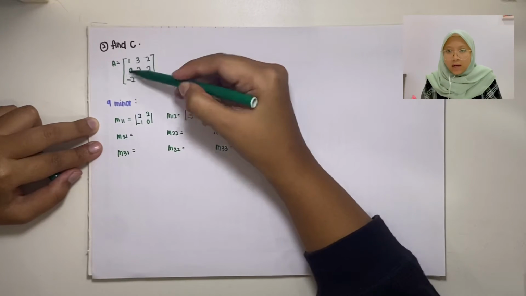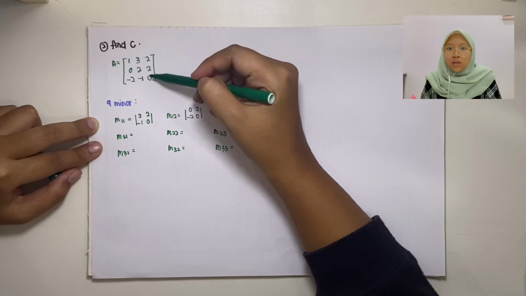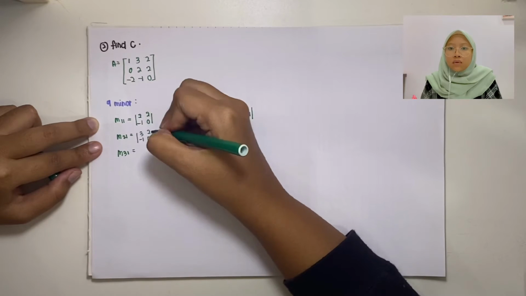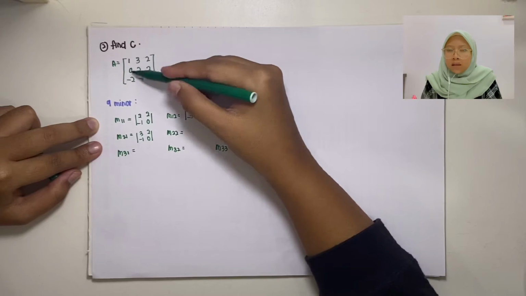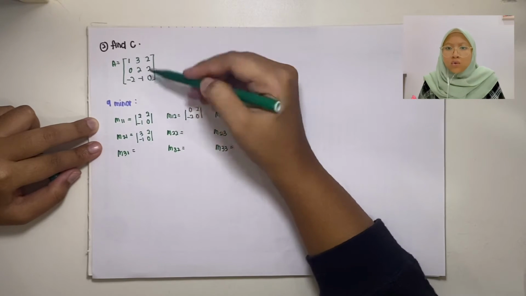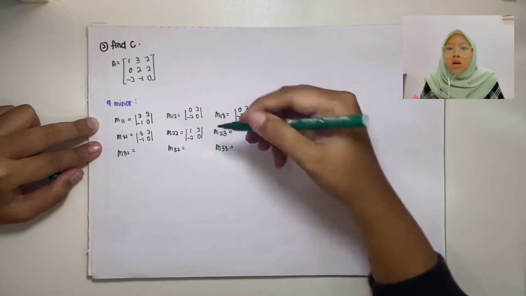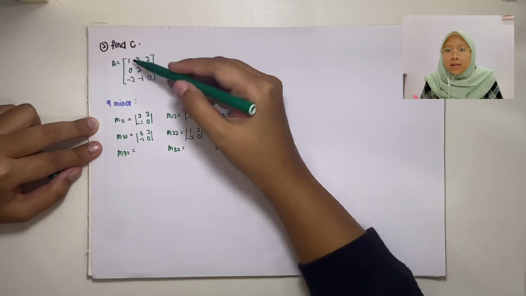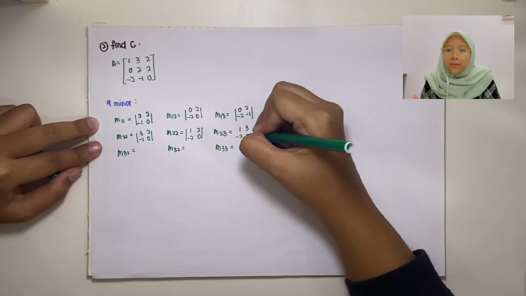For M21, row 2, column 1, we take the opposite, 3, 2, negative 1, 0. For M22, row 2, column 2, 1, 2, negative 2, 0. For M23, row 2, column 3, we take the opposite, which is 1, 3, negative 2, negative 1.